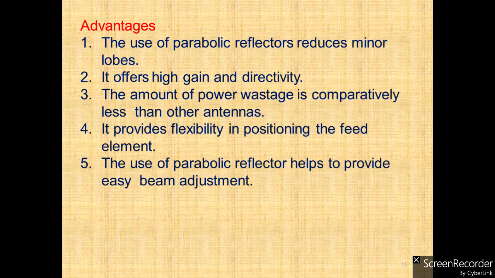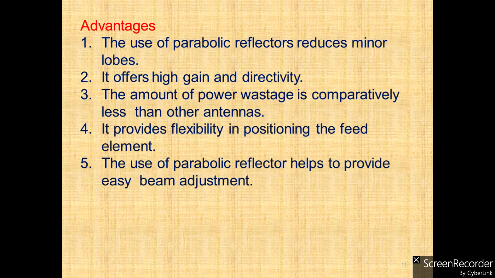Then, what are the advantages of this parabolic reflector? The use of parabolic reflector reduces minor lobes, right? It offers high gain and directivity, right? And the amount of power wastage is comparatively less than the other antennas. So these parabolic antennas have very little power wastage, right?